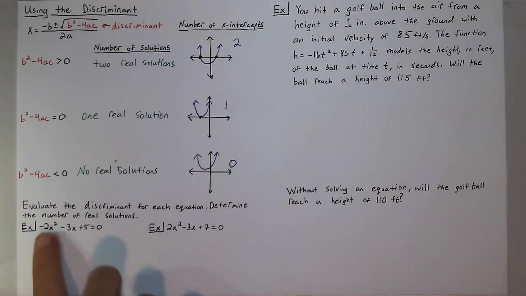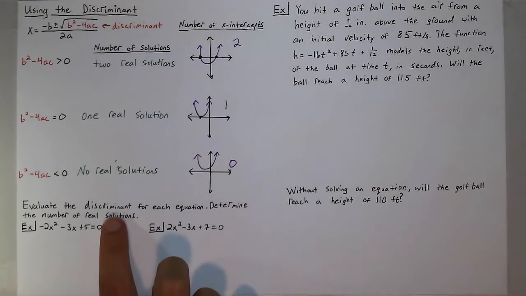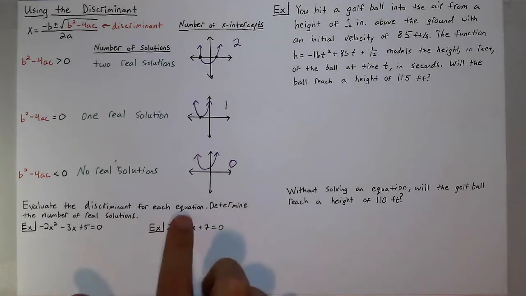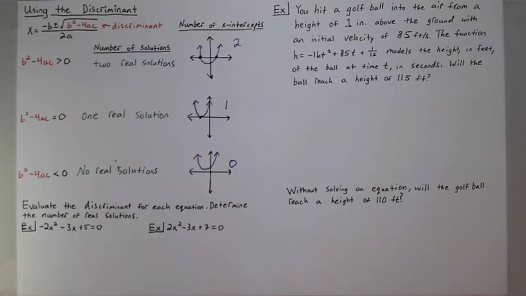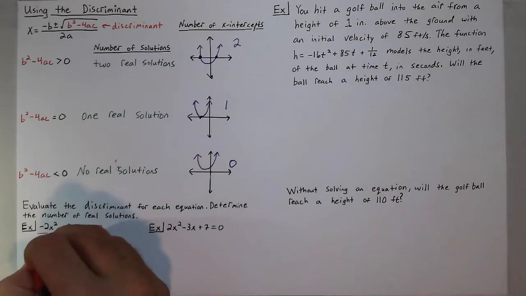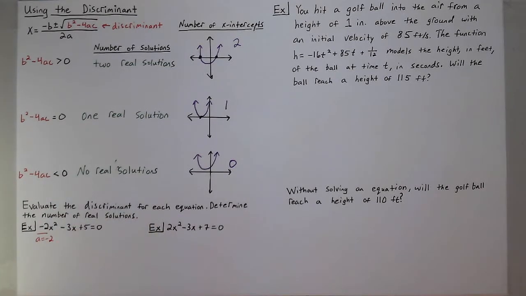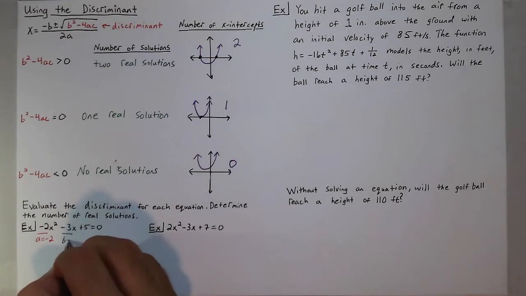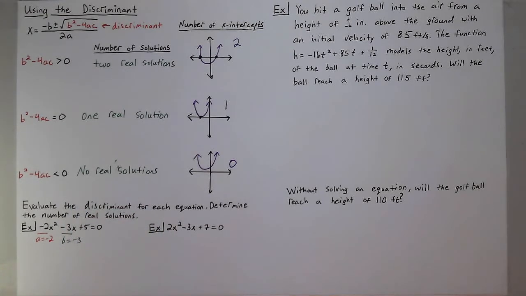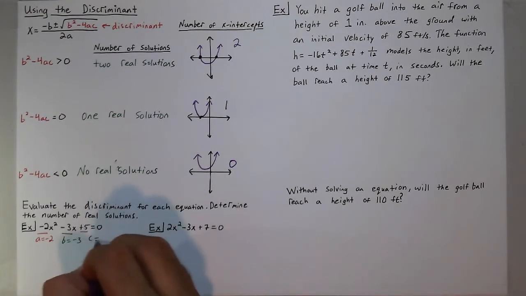So given this equation, let's evaluate the discriminant and determine how many real number solutions there are. I have here negative 2x squared minus 3x plus 5, meaning a is equal to negative 2, b is equal to negative 3, and c is equal to 5.